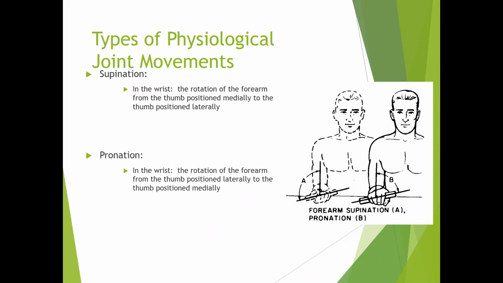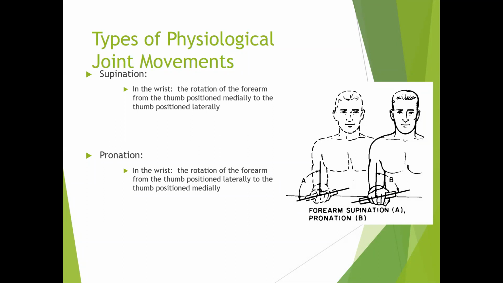Supination versus pronation. In the wrist, supination is the rotation of the forearm from the thumb position medially to the thumb position laterally. So that means like this. Hopefully you guys can see that. Should be able to see on my paint too. I always think of holding a cup of soup, or a cup of coffee, because I like coffee.